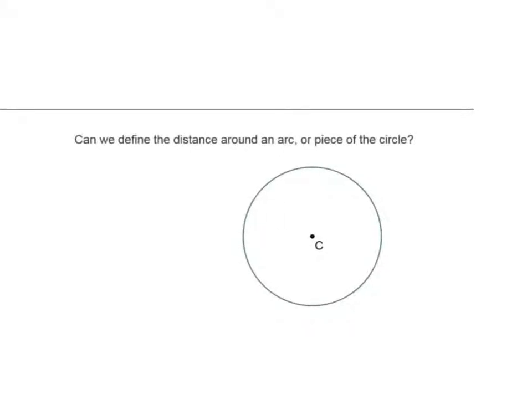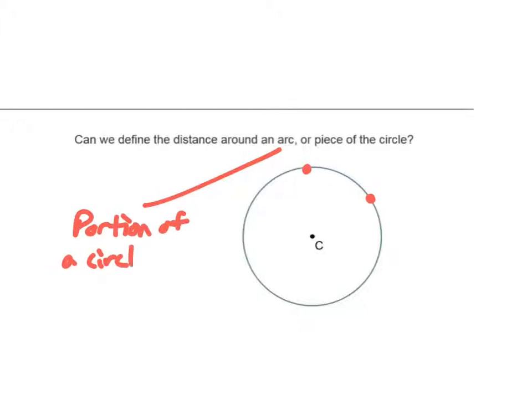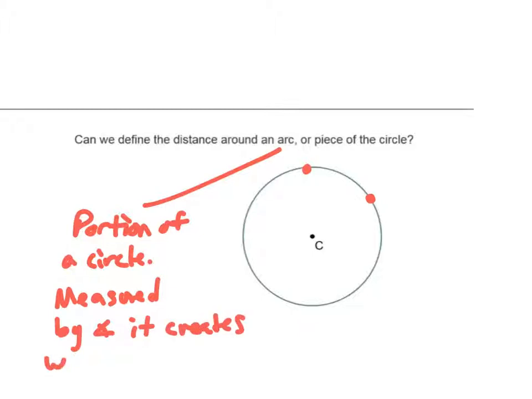And then it says, can we define the distance around an arc or piece of a circle? The answer is yes. An arc is just a portion of a circle, and it's measured by the angle it creates with the center.